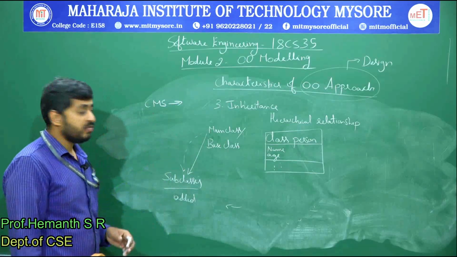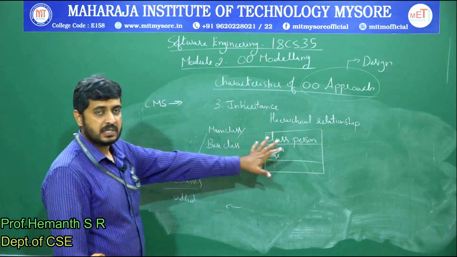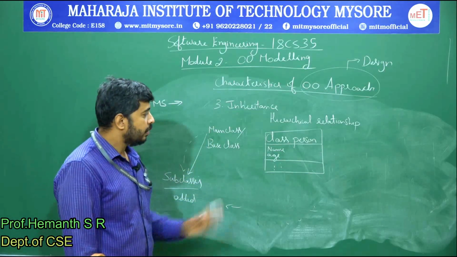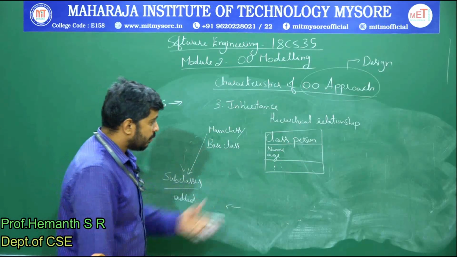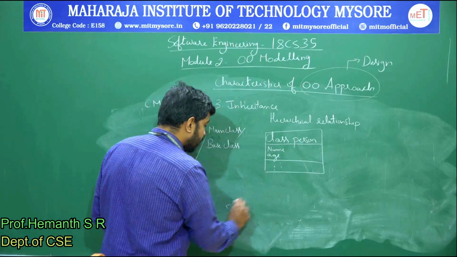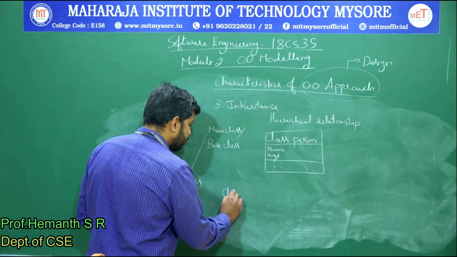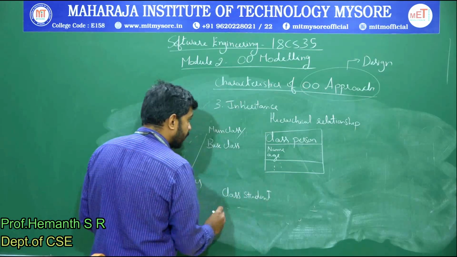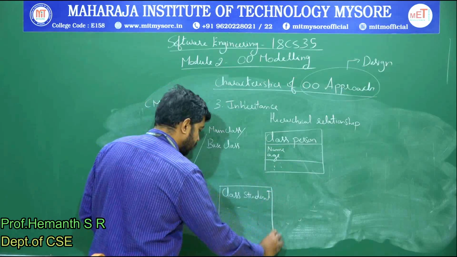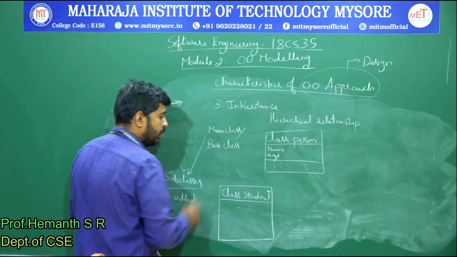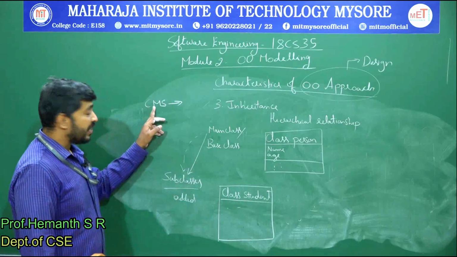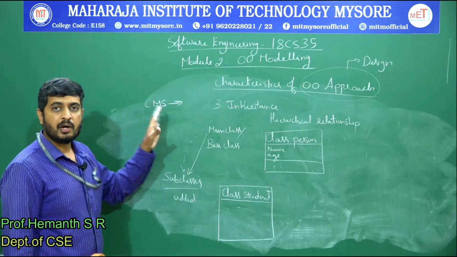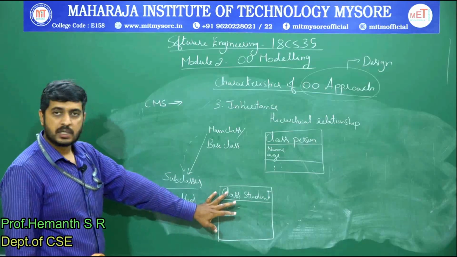Considering the college management software, we have class Person. Already, while identifying the entities, I had made a few things clear. Person can be maybe a student. So what do you mean by this? In a typical college, it may be an engineering college, a degree college, whatever it is, there will be students.